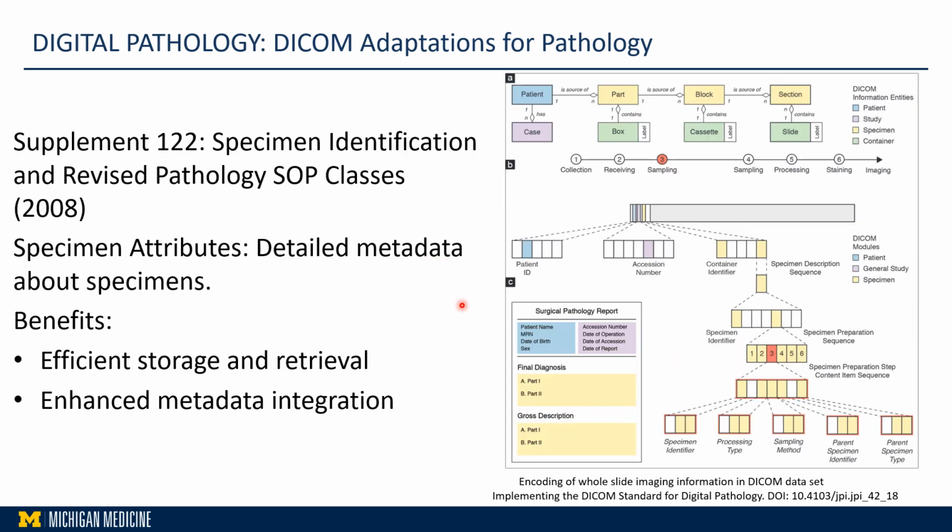And not only the pixel metadata can we store in the DICOM standard, also thanks to Supplement 122, the specimen identification and revised pathology SOP classes, which technically put all what are called DICOM attributes or DICOM tags that give detailed metadata about the specimens.